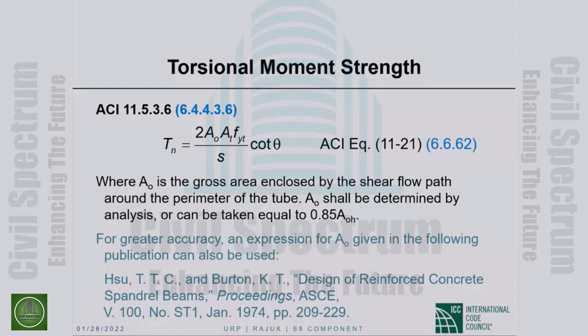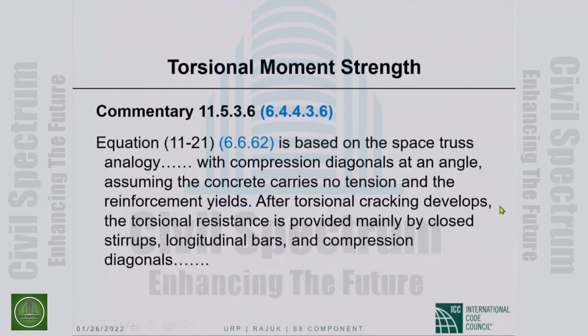That is something we can figure out very easily. And 85% of that is typically taken as A sub 0. 318 allows us to do that. If you want to analytically determine the A sub 0, then we have given you a reference that will enable you to do that.